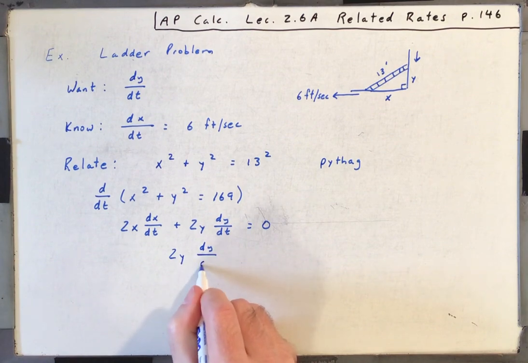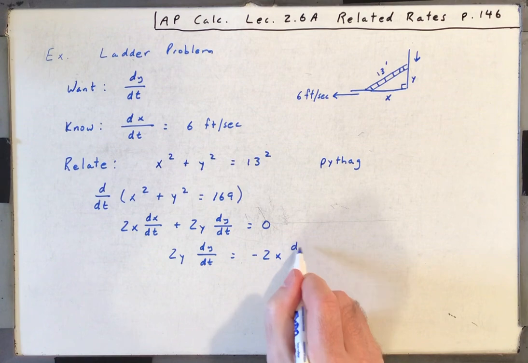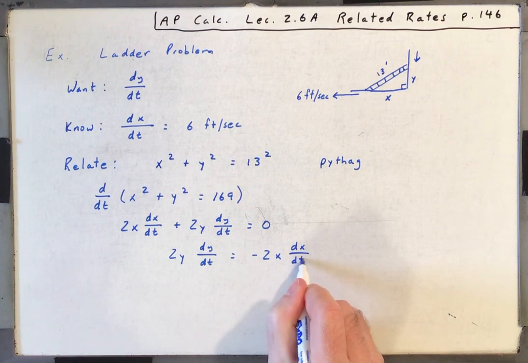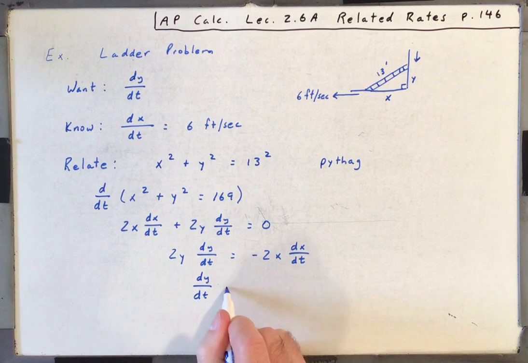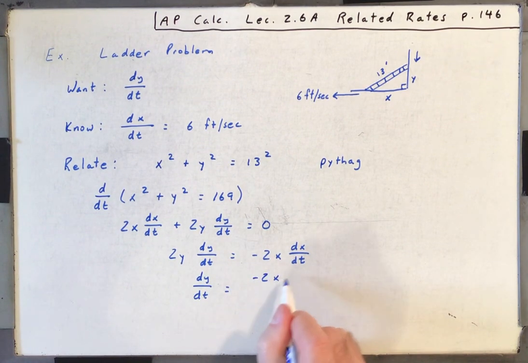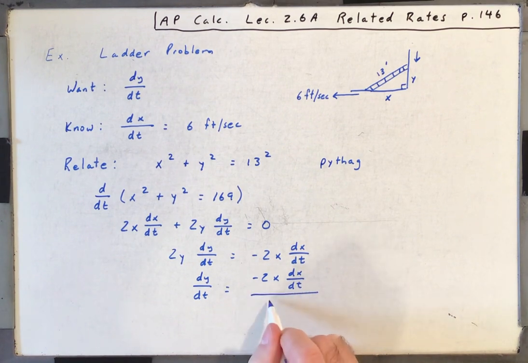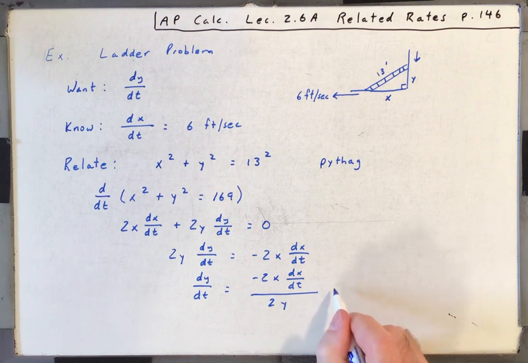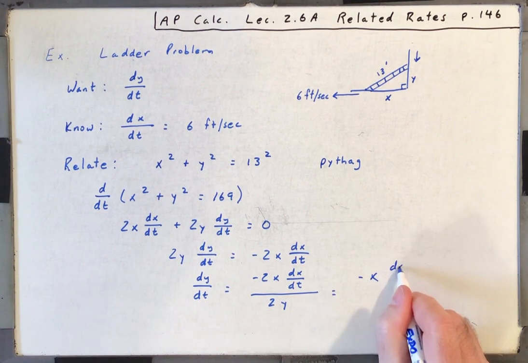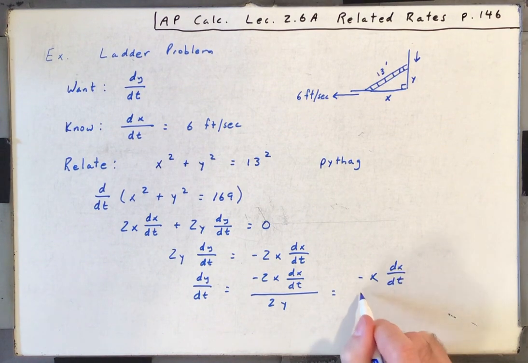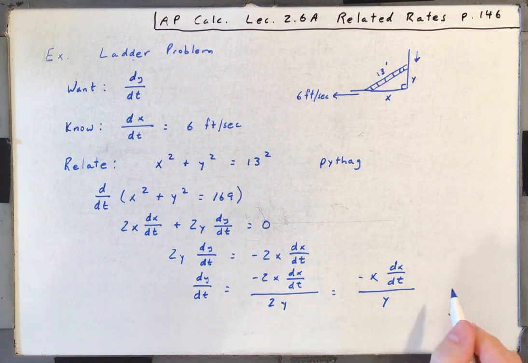We have 2y dy/dt is equal to negative 2x dx/dt. Solving for dy/dt, that's going to be negative 2x dx/dt over 2y. And the 2's will cancel, so that's negative x dx/dt over y.